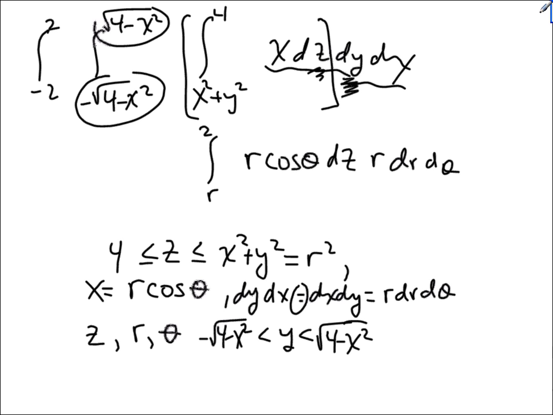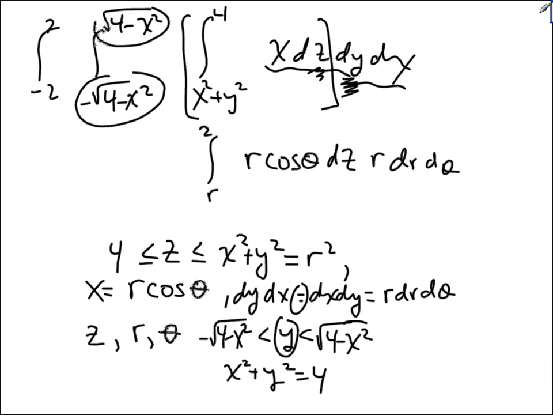If I square everything, I get that x squared plus y squared is 4, and that x and that y can be both negative and positive.